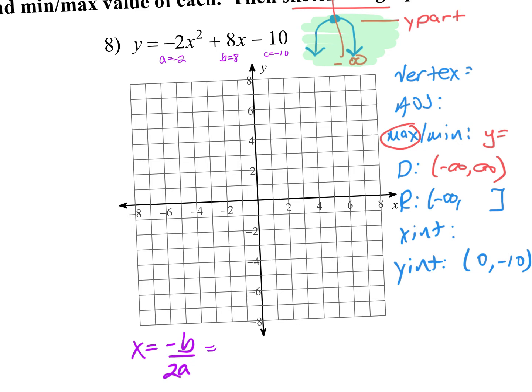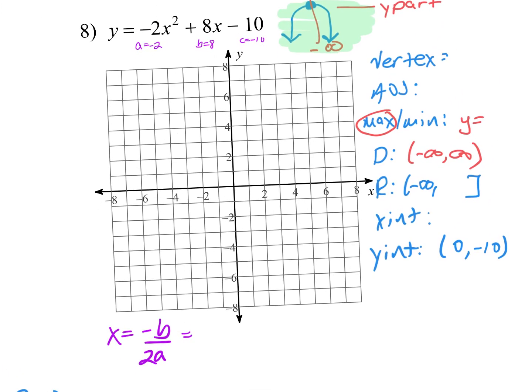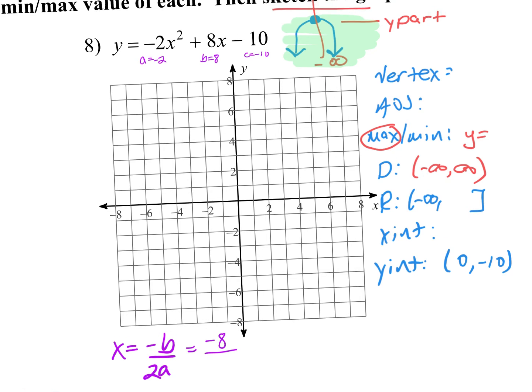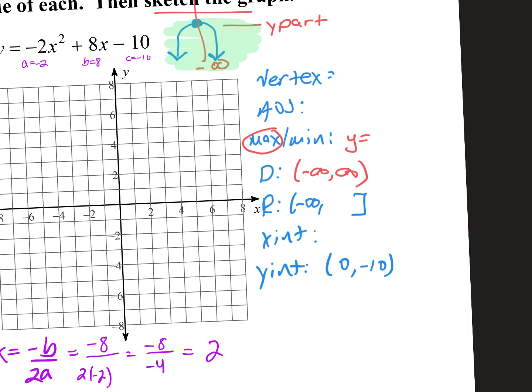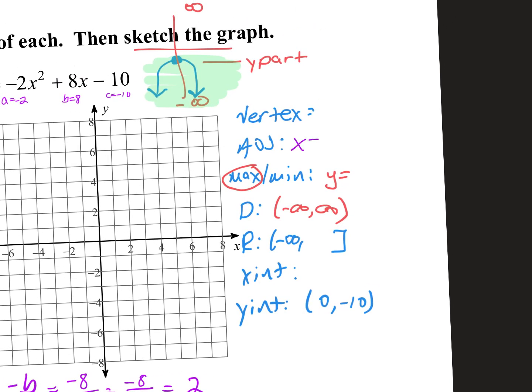So I have negative 8, negative b, over 2 times negative 2. Negative 8 over negative 4. The x part of my vertex is what? 2. So I know that my axis of symmetry is at x equals 2.